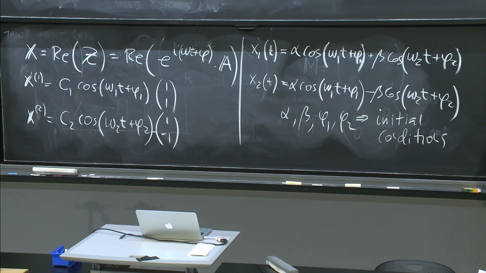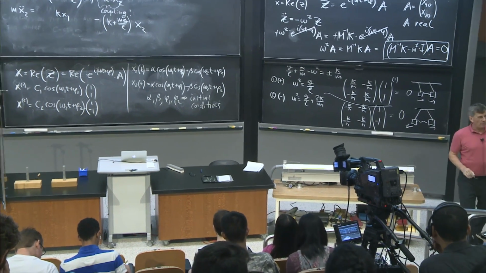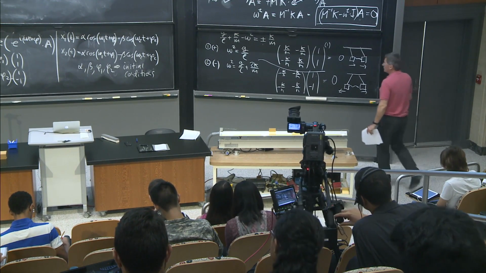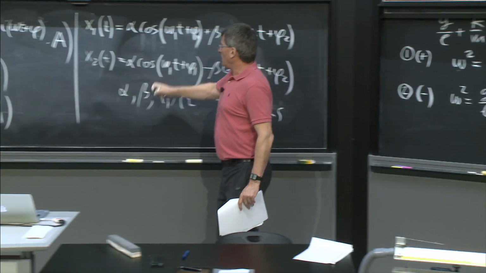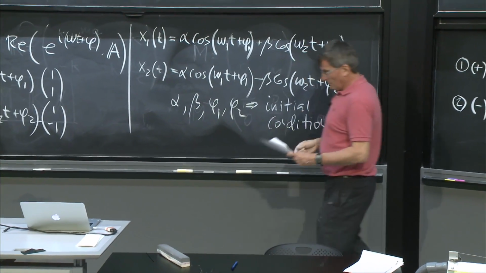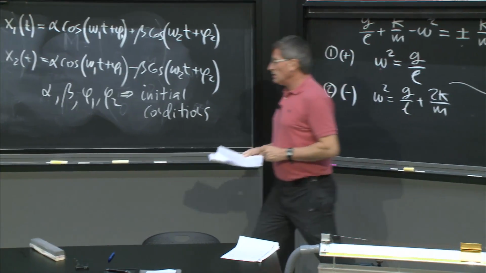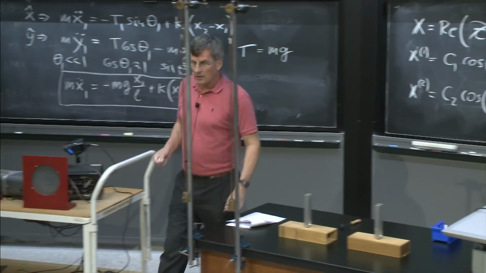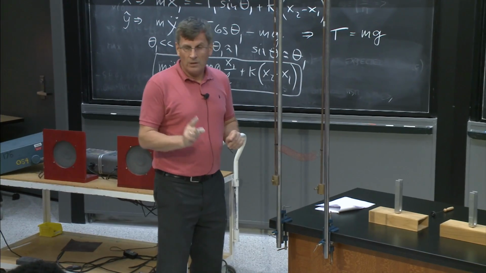So any arbitrary motion, this is the most general motion of the two coupled oscillator system. And to describe it specifically, for a specific configuration, you will have to determine values of alphas and phis.